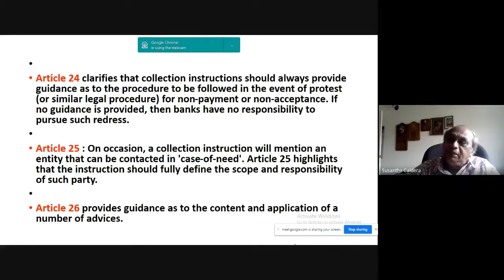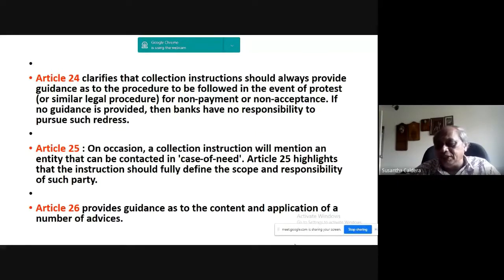But if the remitting bank has given the instructions, they have mentioned M.J. Pereira, and they will define what are the powers of Mr. Pereira, whether he has the powers to change the drawee, or extend the validity and all those things, they have to specifically mention.